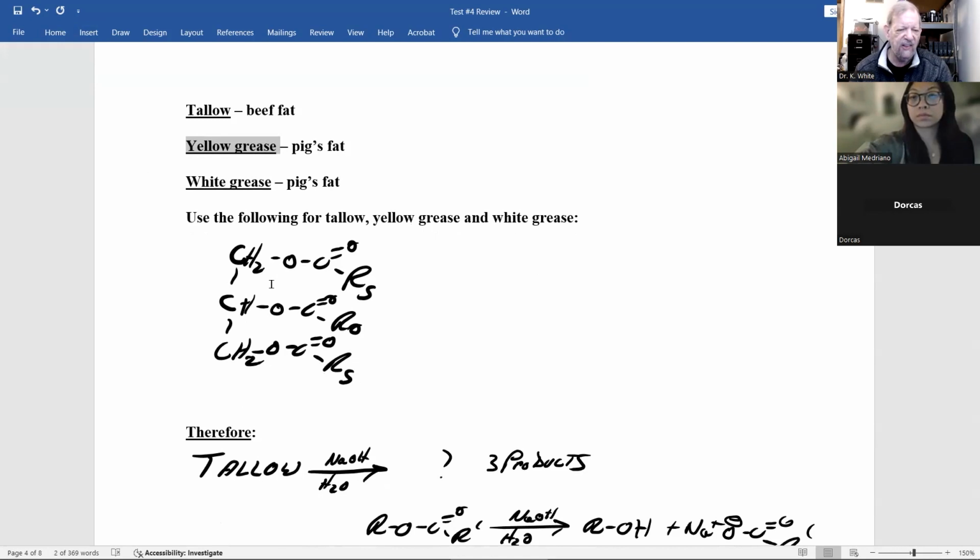And on a test, if I have you use tallow, yellow grease, and white grease, this is the structure you should use. And R sub S means when you saponify this ester, you'd get stearic acid. R sub O, oleic acid. And roughly there's about a 50-50 mix.